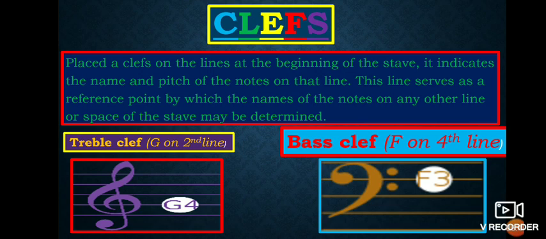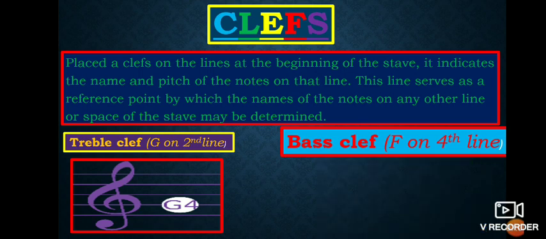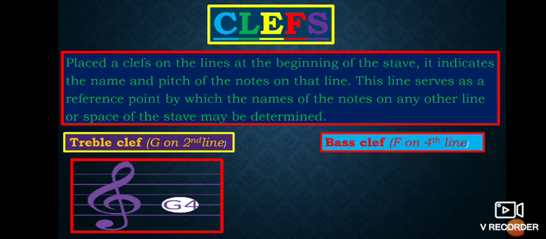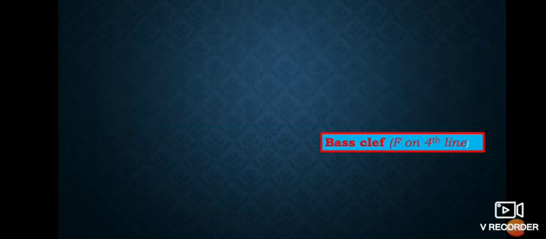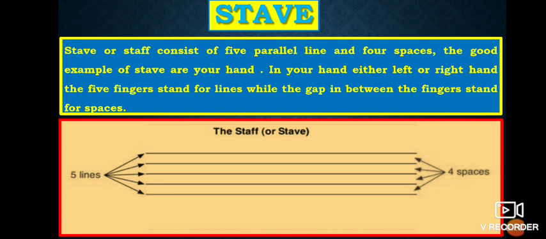To count the lines of the staff, we start counting from down to up, not from up to down. So from down, 1, 2, 3, 4. If you check the staff at the back, you will see the way they number the lines and spaces: you start from down till up.